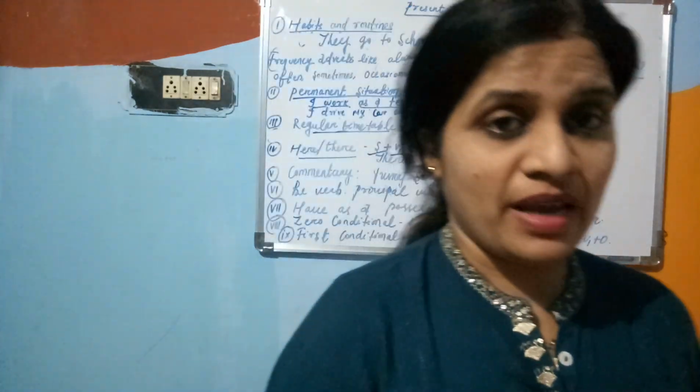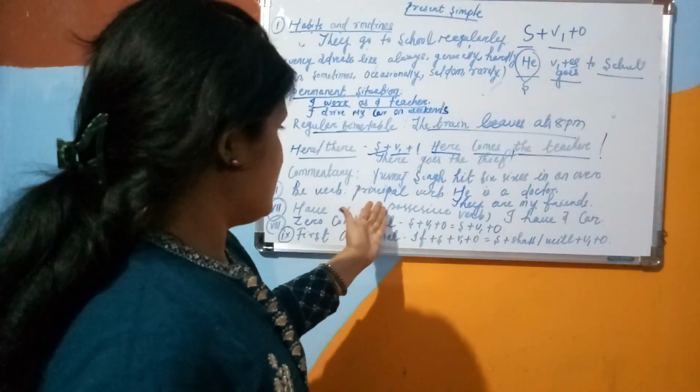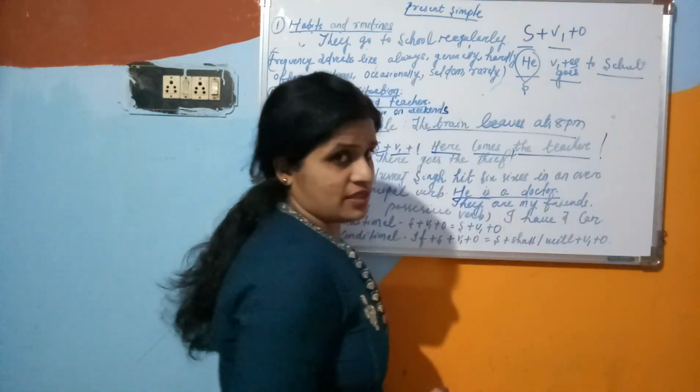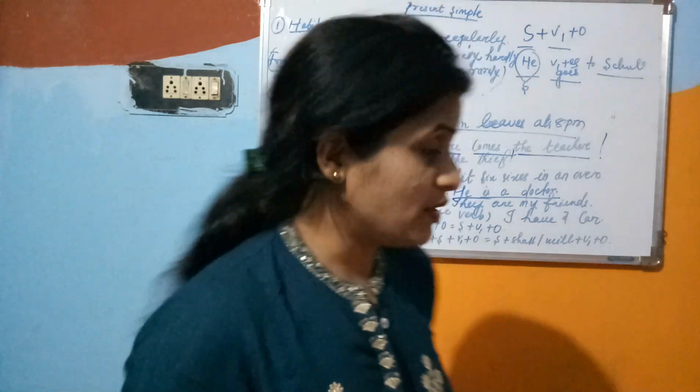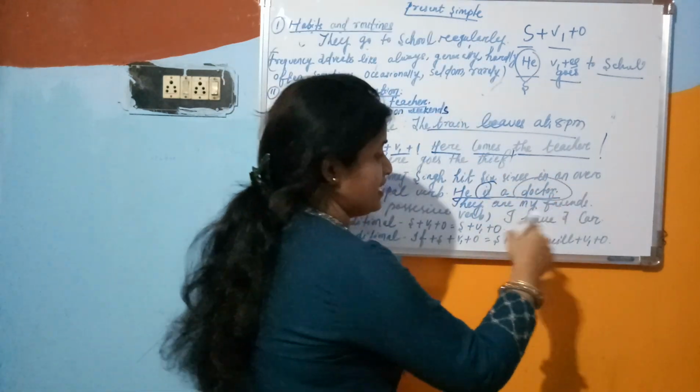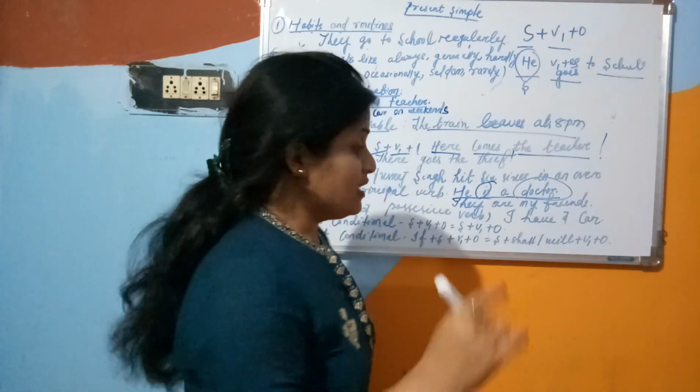Be verb as a main verb means, suppose the sentence is, he is a doctor. When we think about the rule of present continuous tense, it is is plus verb 1 plus ing. But here there is no verb 1 plus ing in this sentence.